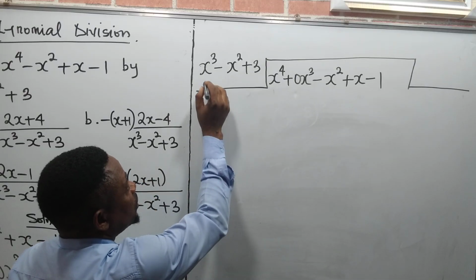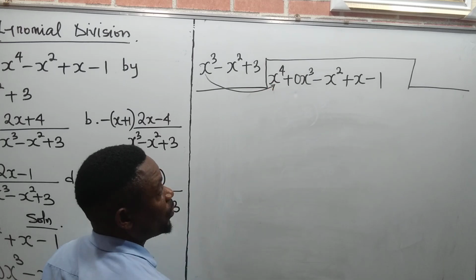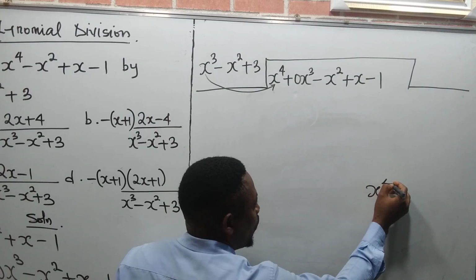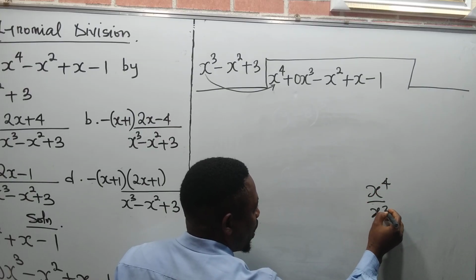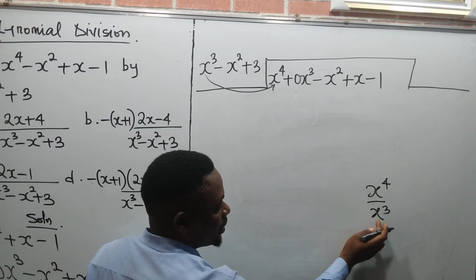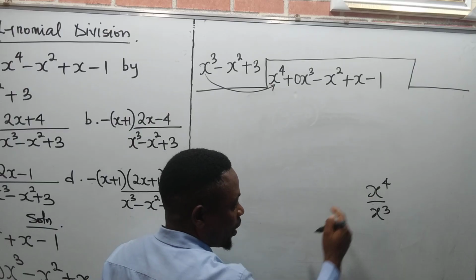Let's start with this x to power 3. We divide x to power 4, like this. I have x raised to power 4 over x raised to power 3. The x in the denominator is 3, while the numerator is 4.